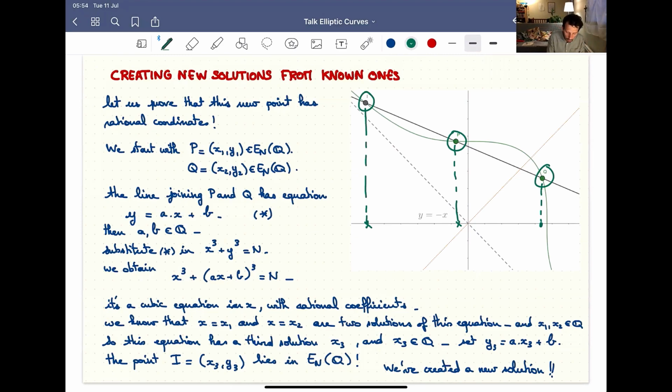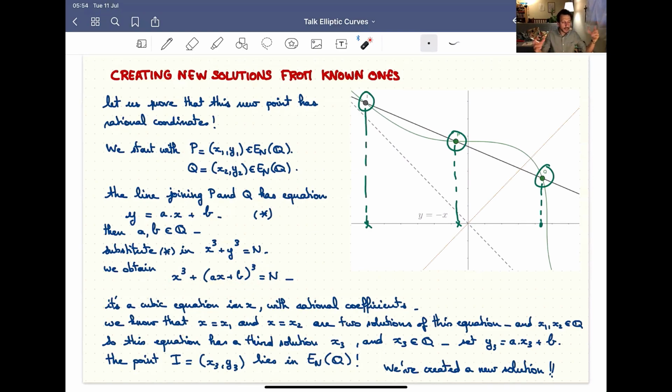So to do so, we're looking for pairs x and y which satisfy both the original equation x cubed plus y cubed equals n and the equation of the line. So we substitute the equation for the line into the original equation, and it looks like this.